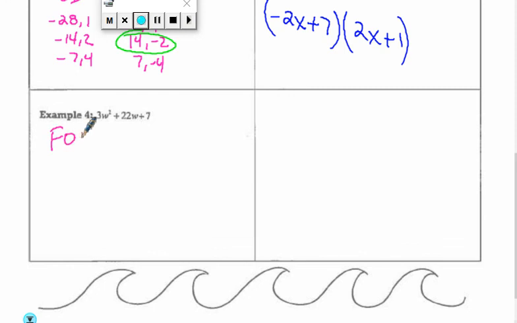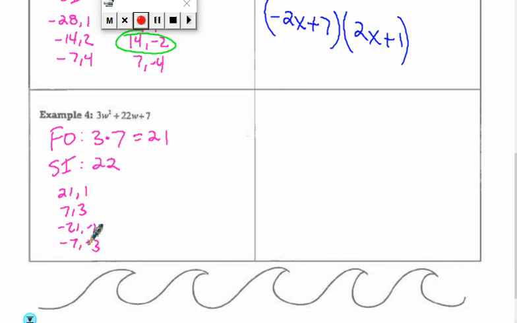Alright, so for number 4, I'm going to, again, follow the same pattern. Factors of 3 times 7, which is 21, whose sum is 22. So my factors, I have 21 and 1, 7 and 3, negative 21 and negative 1, and negative 7 and negative 3. The ones that sum to 22 are going to be the first pair, and I'm going to draw my t-chart and move forward.